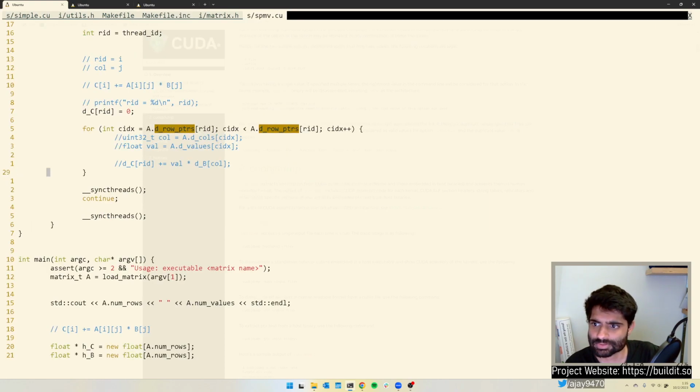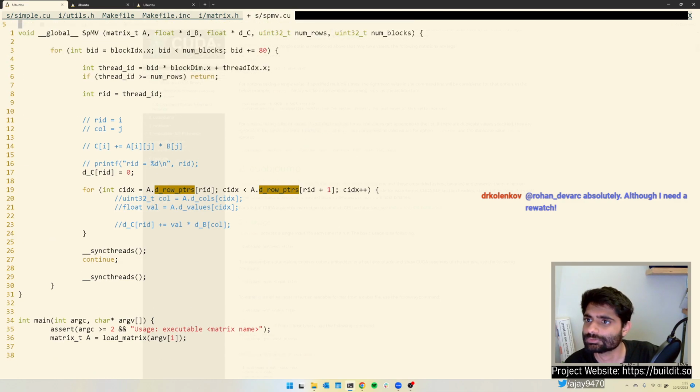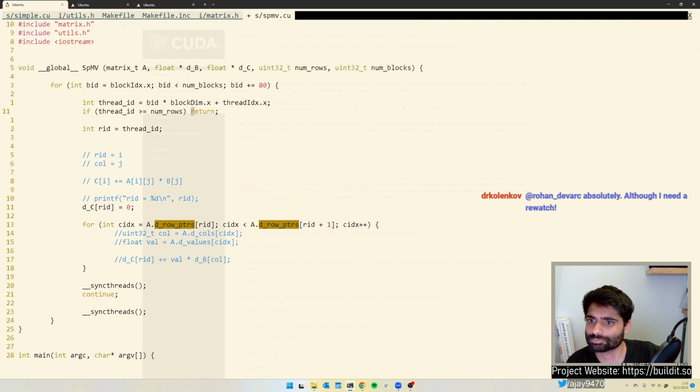Okay, I think this is the problem. Maybe this is an out of bound access for the last one. If I didn't allocate enough memory, this could be happening. Let's see.